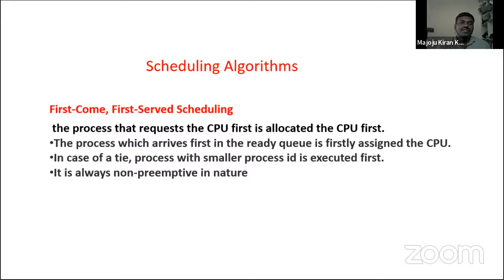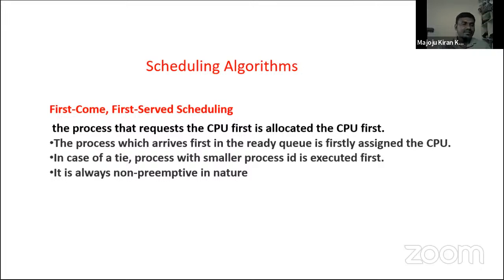For example, there are three processes, P1, P2, P3. Just assume P1 first enters the ready state, and then P2 and then P3. According to their arrival time, the CPU will be allotted to each process, and they will be executed in the same order.